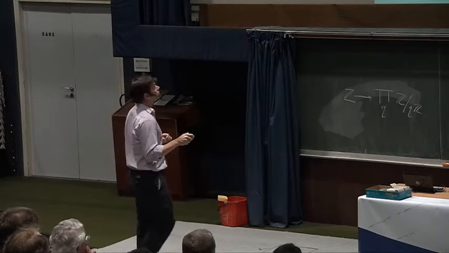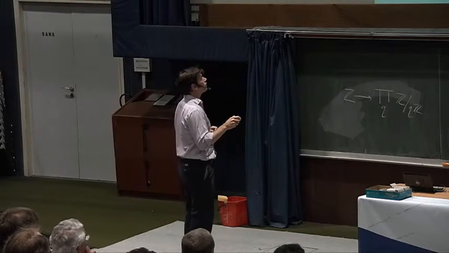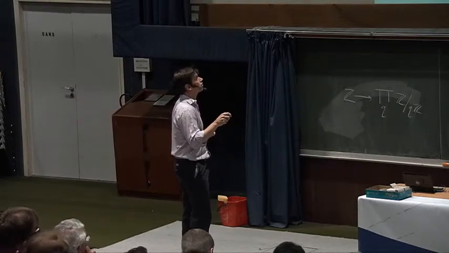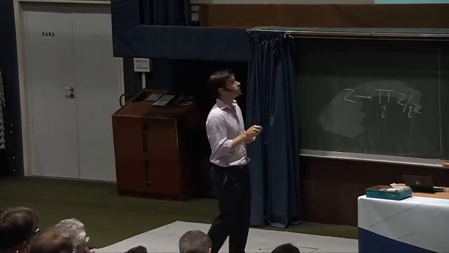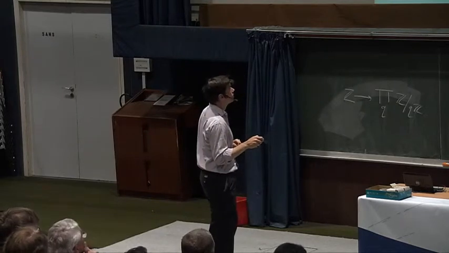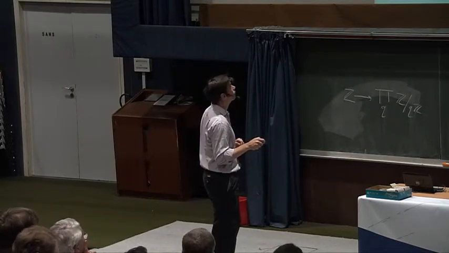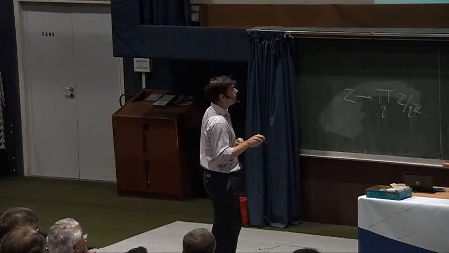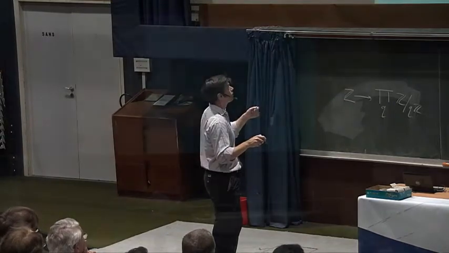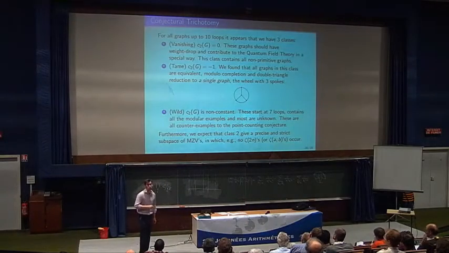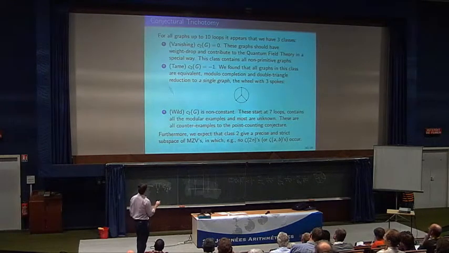So certainly up to 10 loops, every graph that is not weight drop and satisfies the conservative conjecture is just in the equivalence class of a single graph, if you apply double triangle and completion relations. I find that incredibly surprising and completely unexpected.